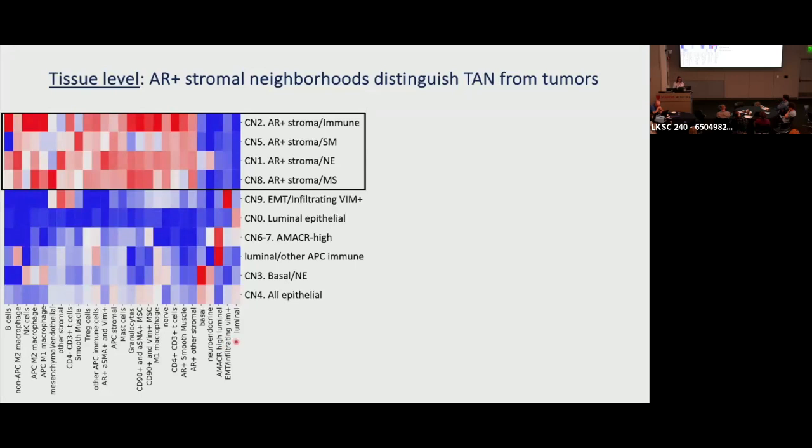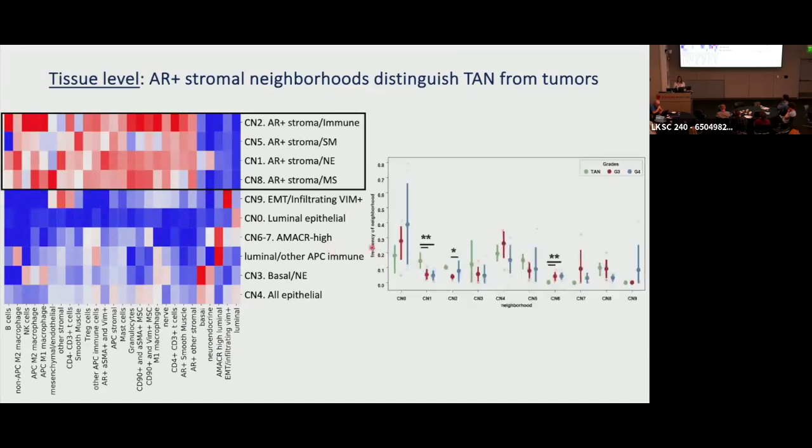The bottom 6 neighborhoods are defined by a lack of AR-positive stromal cell occurrence. And on the right, we compared the recurrent cellular neighborhood frequencies across all clinical groups, and our results show that AR-positive stromal neighborhoods distinguish tumor-adjacent normal tissues from prostate tumors.